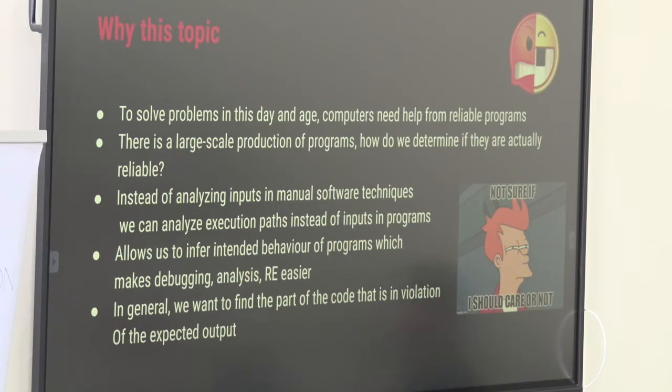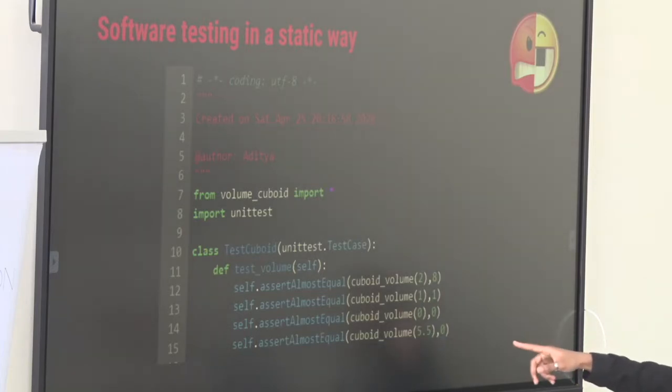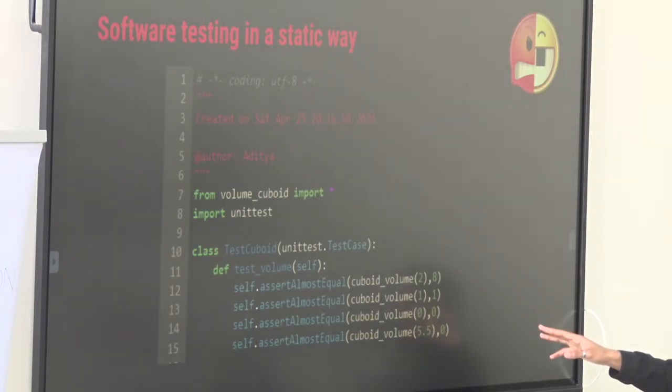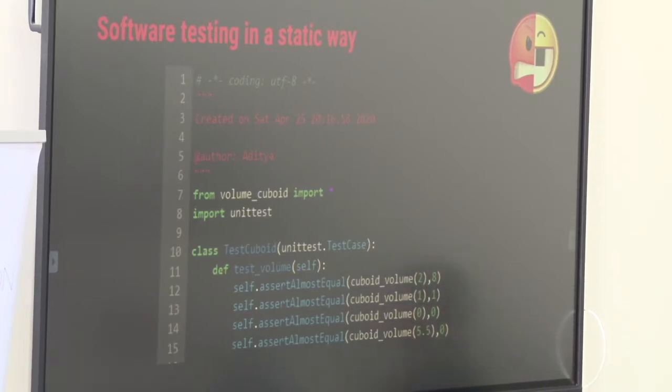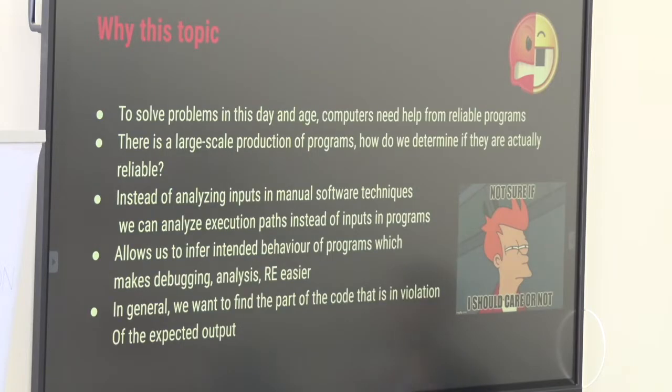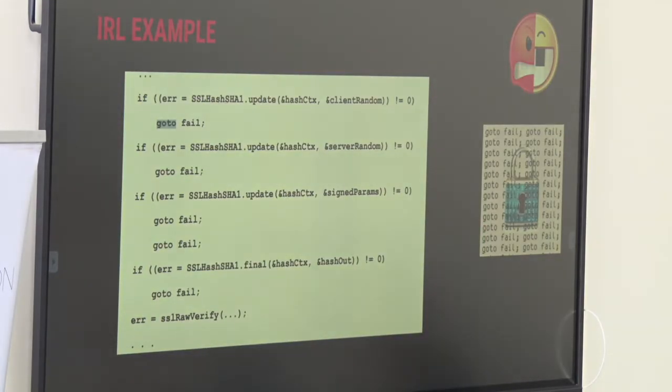It may be hard to test this manually, going through negative values, positive values, integers, and so on and so forth. Instead, we can analyze execution paths and see. It will make more sense in the later slides.